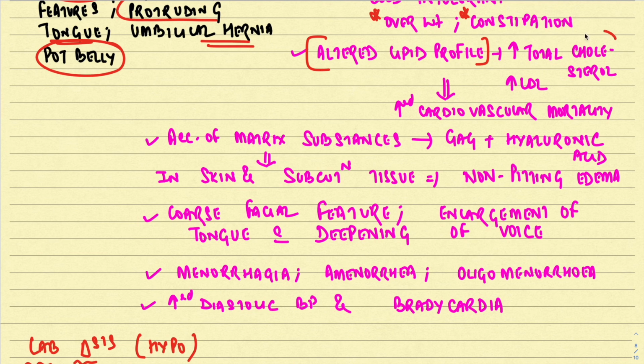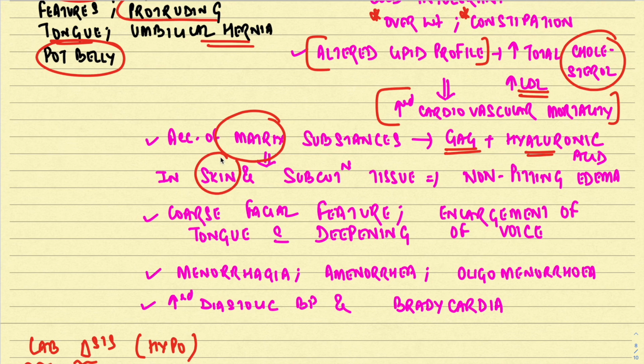There is an increased amount of total cholesterol and LDL, and this increases the risk of atherosclerosis, leading to increased cardiovascular mortality. There is accumulation of matrix substances, for example, glycosaminoglycans and hyaluronic acid, in the skin as well as the subcutaneous tissue, and this is responsible for non-pitting edema.